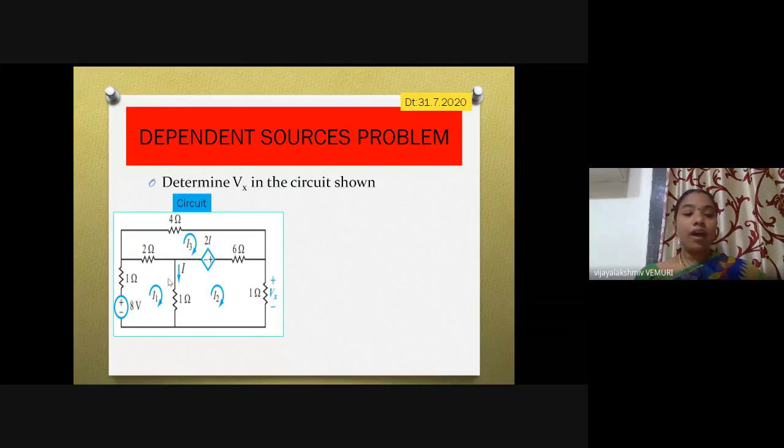Whenever you have a current source and you are asked to solve using mesh analysis, you are not able to apply KVL to those meshes, so that forms a super mesh. We have already discussed that in the previous problem.